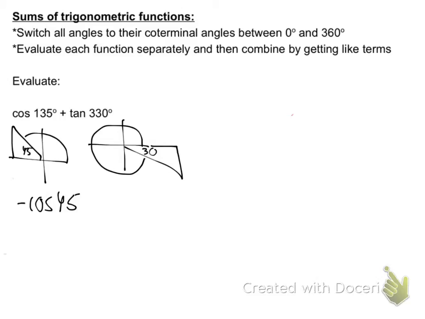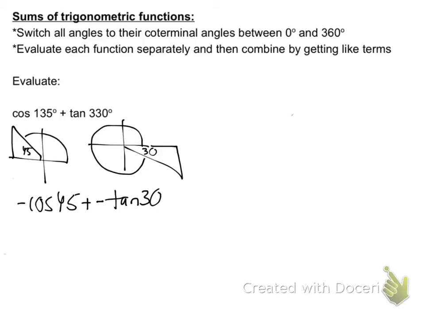But tangent in the fourth quadrant is negative. So tangent of 330 is the same thing as the negative of tangent of 30. You can either add the negative or just subtract it, right?